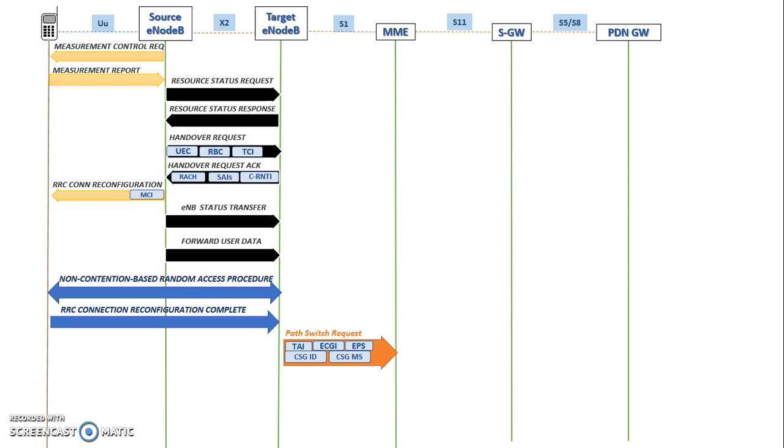This message includes the TAI and ECGI of the target eNode B, CSG ID if the cell is a CSG cell, and CSG membership status.